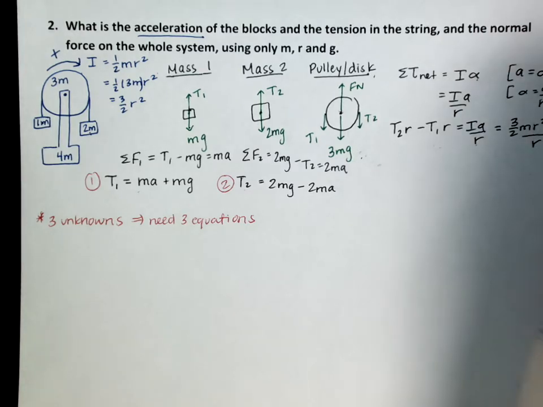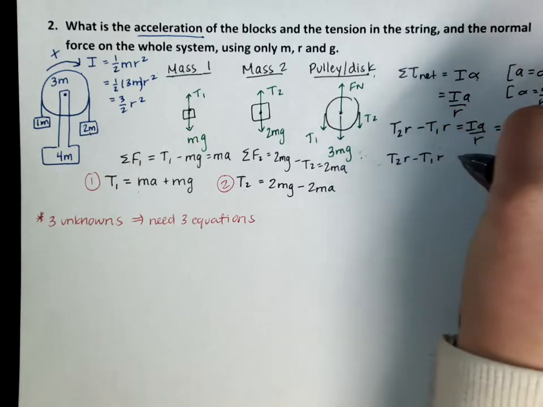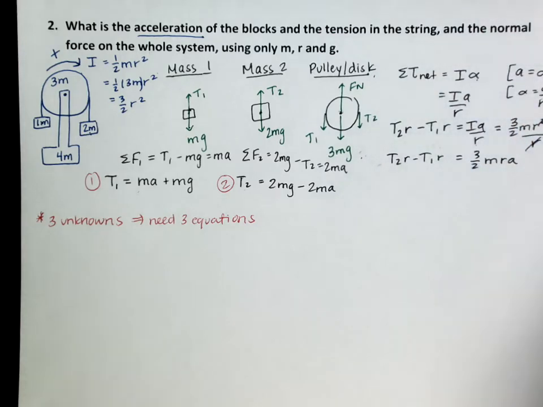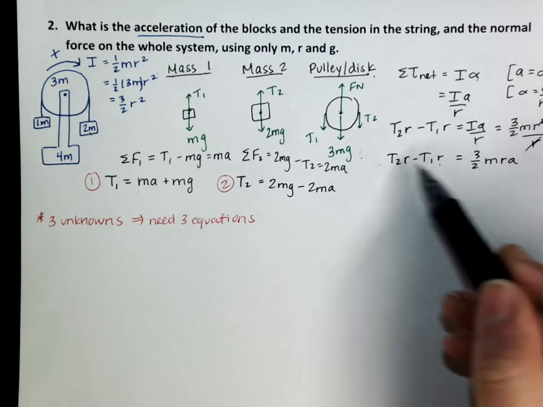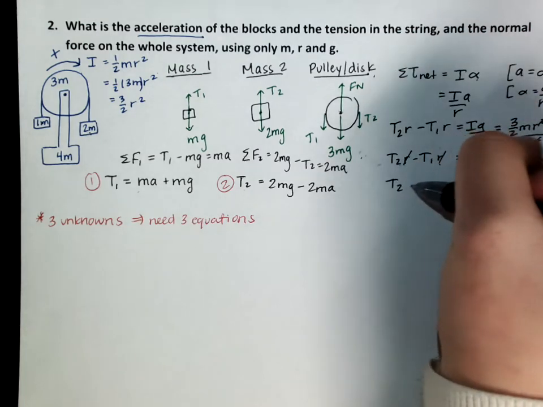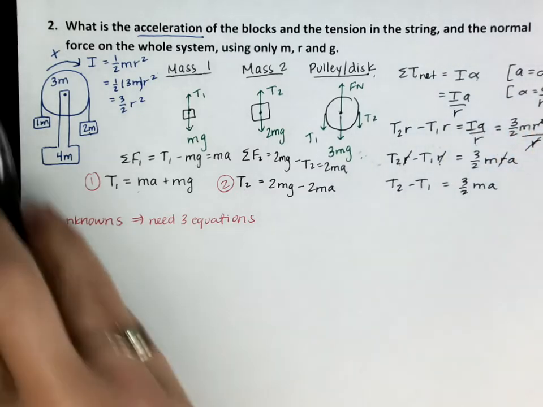Okay, this cancels one of our r's. So we're left with T2R minus T1R equals 3/2 MRA. Well, now you'll notice that R is in each of these factors, so we can go ahead and cancel out R. So we get T2 minus T1 equals 3/2 MA. So this is our third equation.